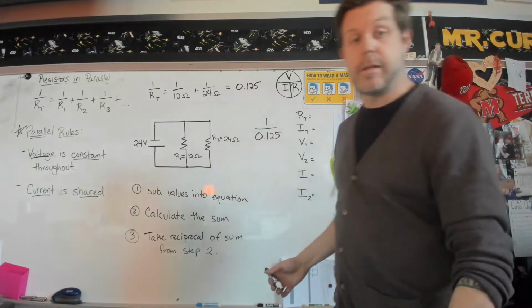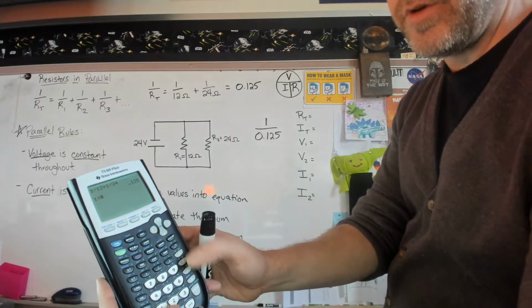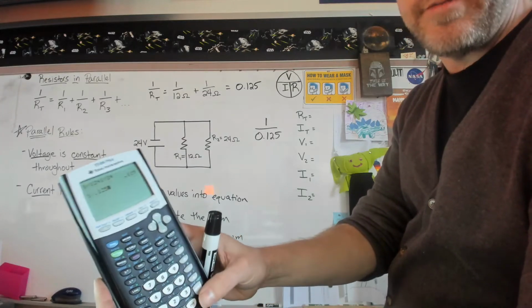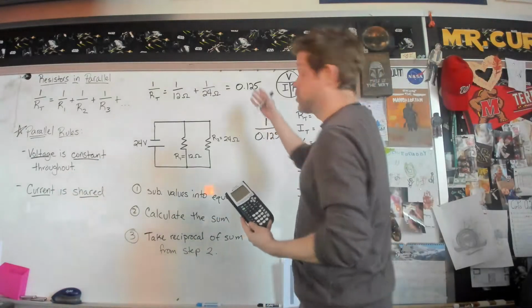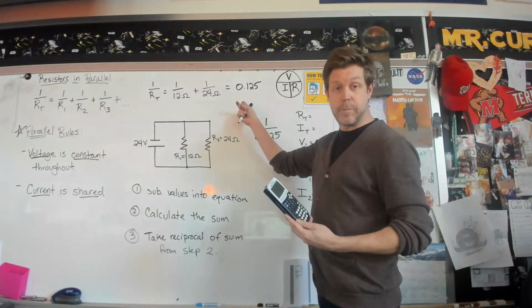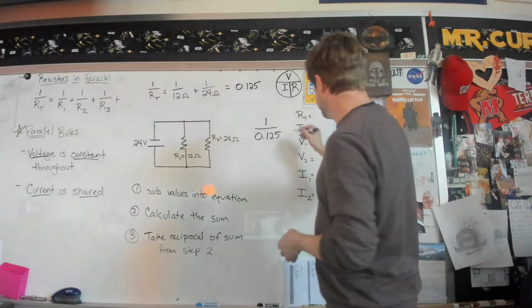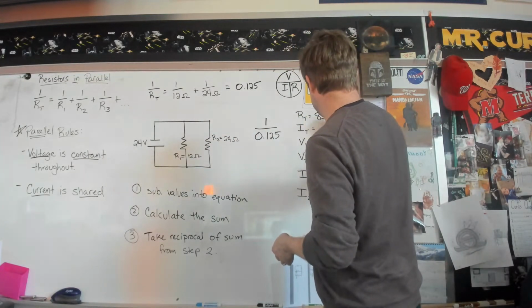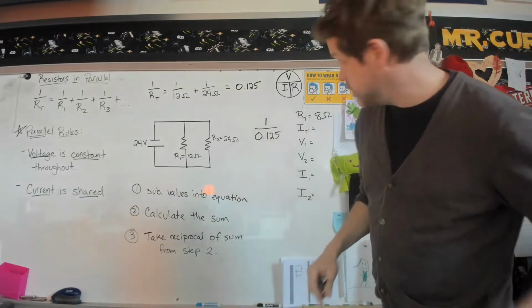And let's see what we get. 1 divided by 0.125 is going to give you 8. The same thing as when you got 1/8. Because like I said, 0.125 is the decimal equivalent of 1/8. So we would say we have 8 ohms for a total resistance.